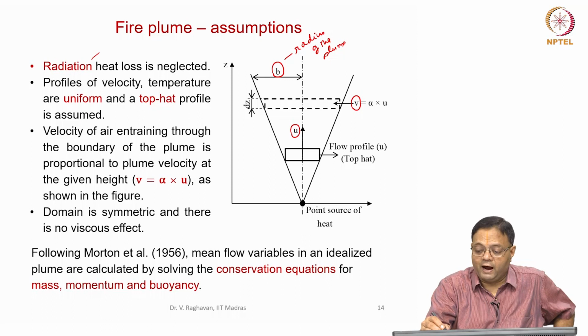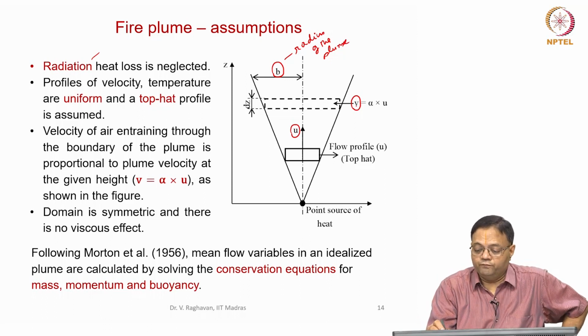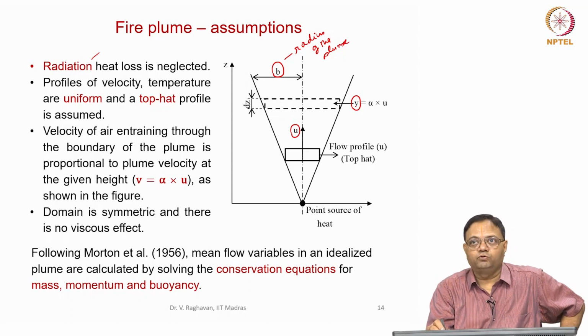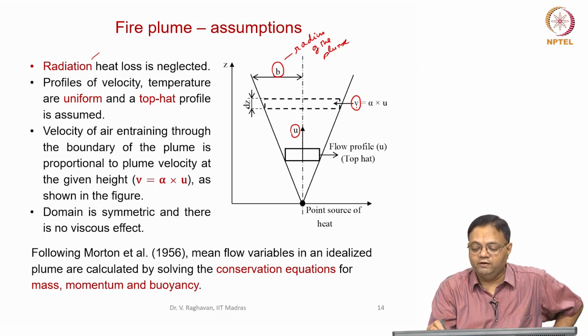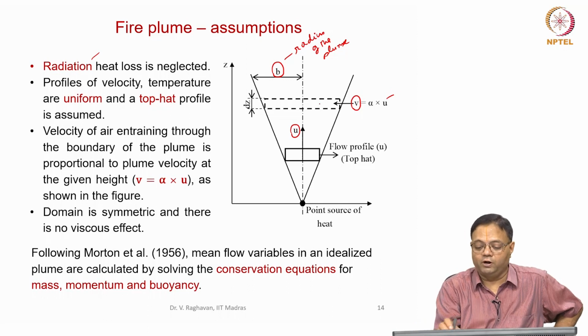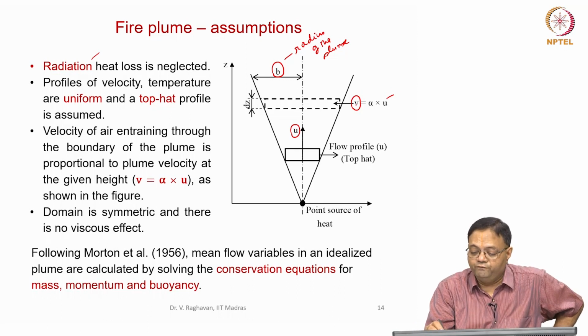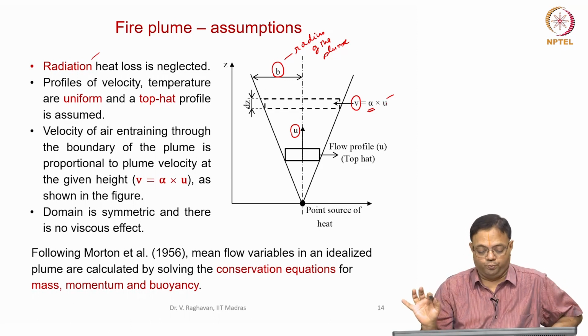Added to this, we don't want another variable v. So what we say is that the internal velocity v is dependent on the plume velocity at a particular height. So we can say v, the internal velocity of the air, is proportional to u, with the proportionality constant taken as alpha. I can say v equals alpha into u.